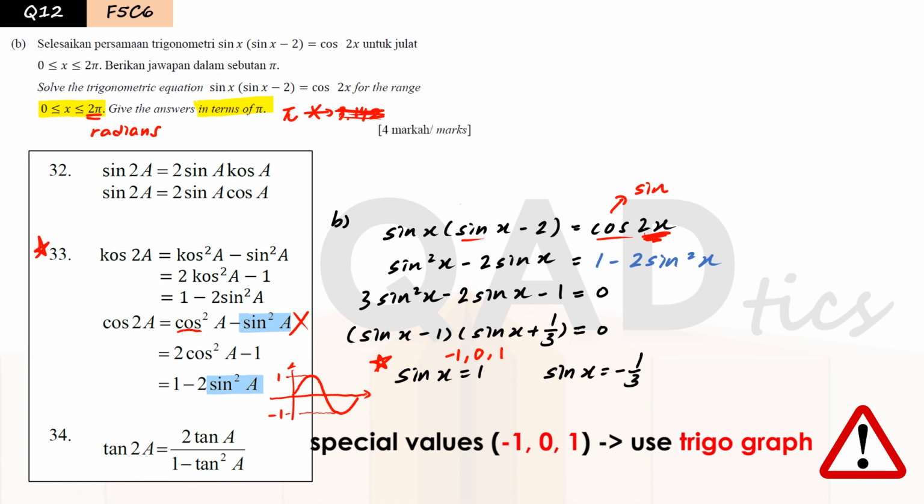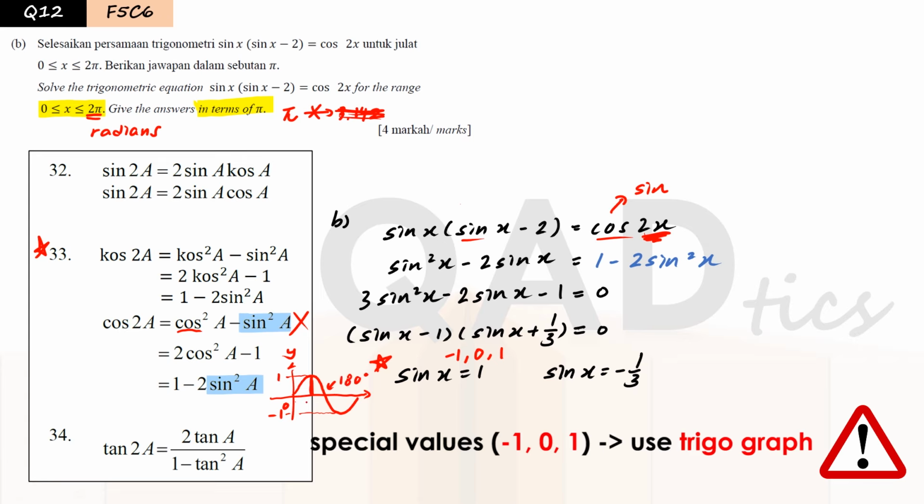Okay, so now it's sine x equals to 1. So we need to look at the angle where the y value, right, the y-axis value, sorry, the y value is 1. So the angle here, what is it? It starts from 0 and here is 180 degrees, right?